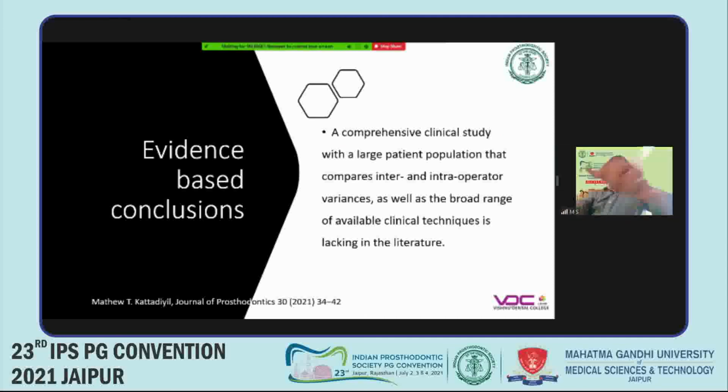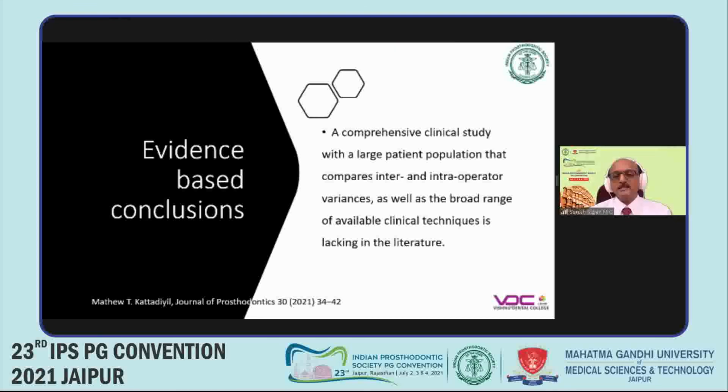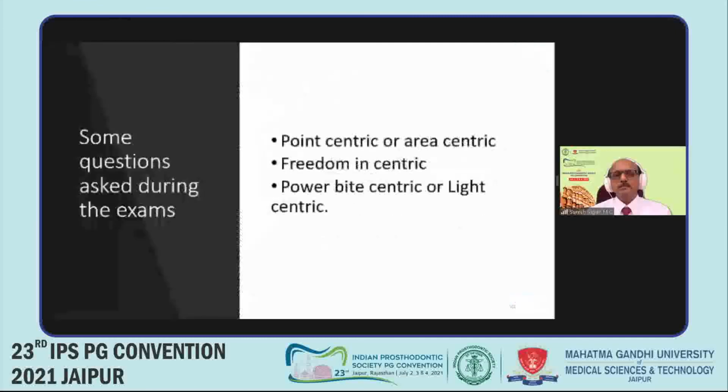Still, there is a lot of scope to study centric relation, because the most recent systematic review said there are only 2 studies which have involved 100 or more patients. Otherwise, they're all small studies. So that is very important.